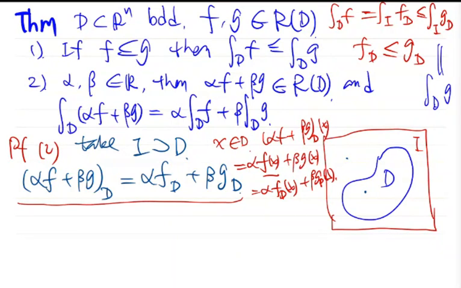If x is not in D, you can prove it in the same manner, and in fact, in that case, the computation gives zero. So anyway, this equality is true.